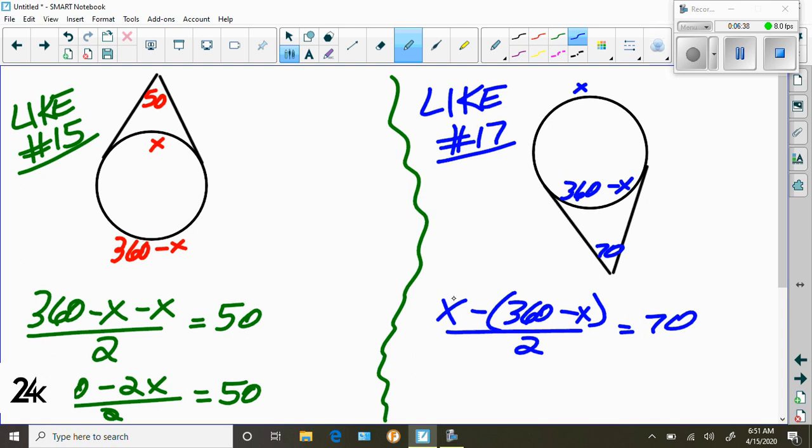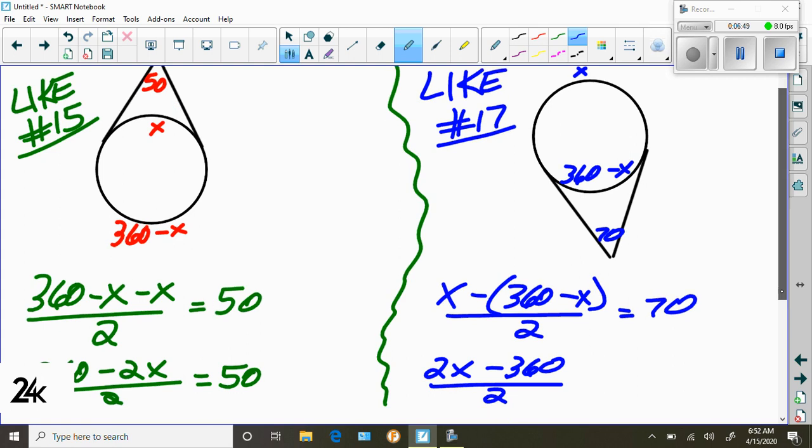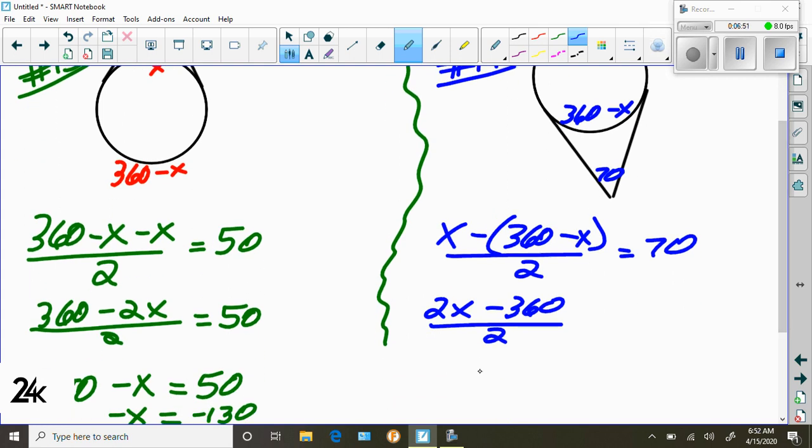Okay, so this is x minus 360 plus x. So it's going to be 2x minus 360 all over 2. Wait a second. And then that's going to be x minus 180 equals 70. X equals 250. Wait a second.